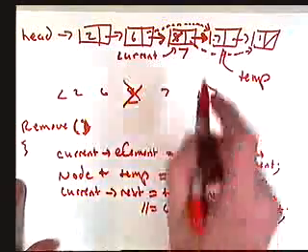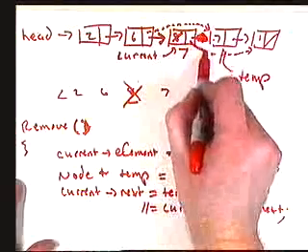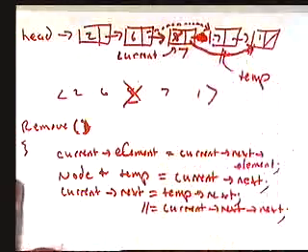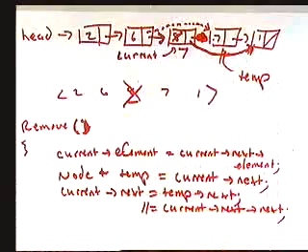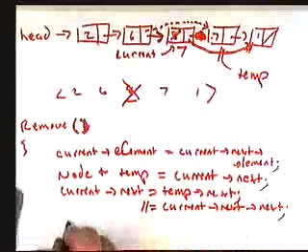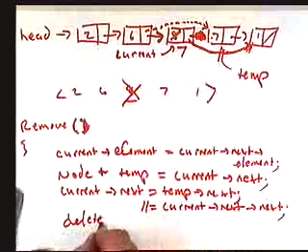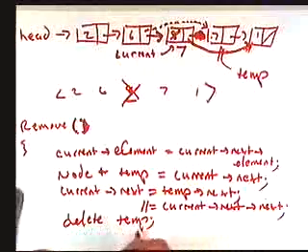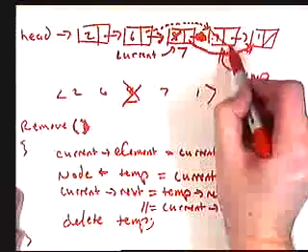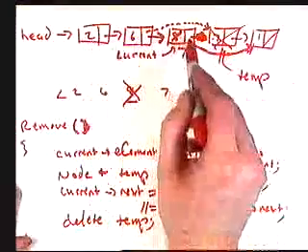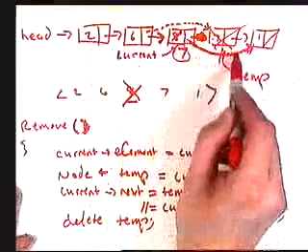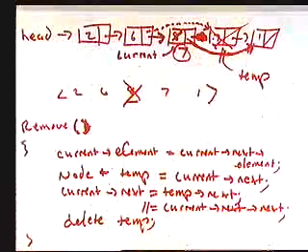But then that would take this pointer and point it to the node, a couple nodes down. And then finally, now that temp points to 7, I can delete temp. And that would eliminate this. And now I have 2, 6, 7, and then over here to 1, which is exactly the sequence I wanted.